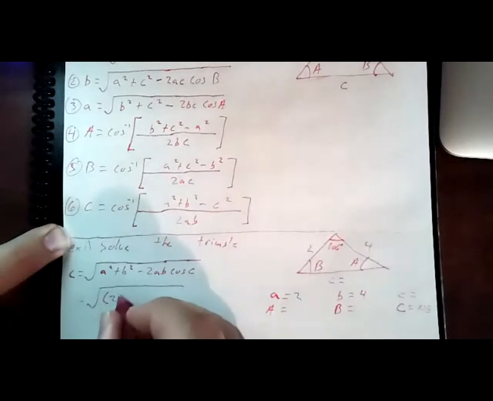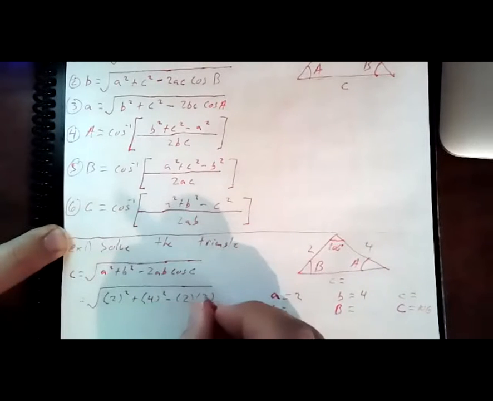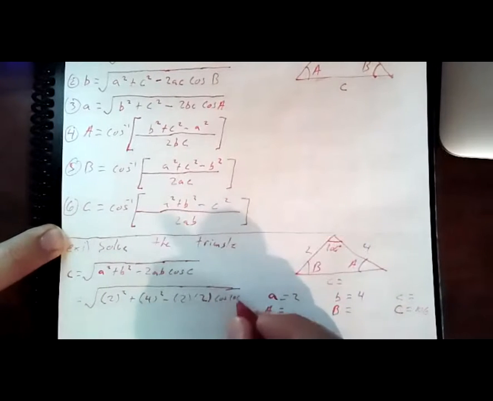All right, so that'll be 2 squared plus 4 squared minus 2 times 2 times cosine of 106. So what is that going to be? Let's plug it in our machine. So square root of 4 plus 16 minus 4 times cosine of 106.